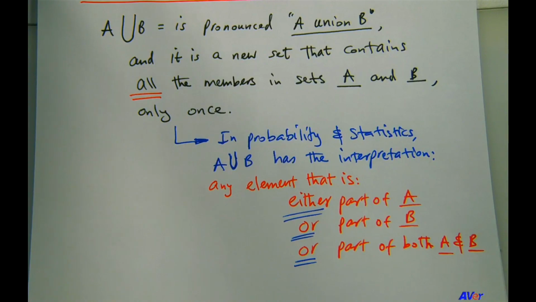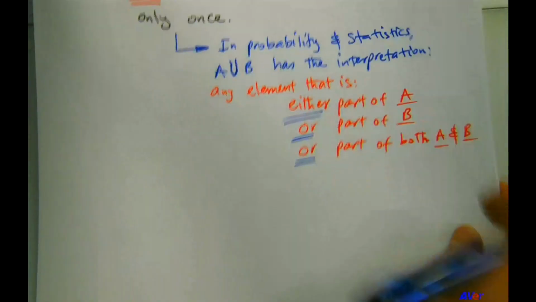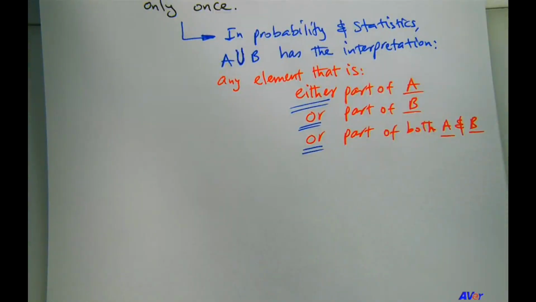It's basically everything in both A and B. Or both. Okay? So another definition we should know about is the definition of the intersection of two sets. Okay, so let's look at that.